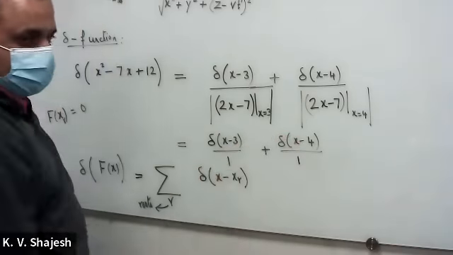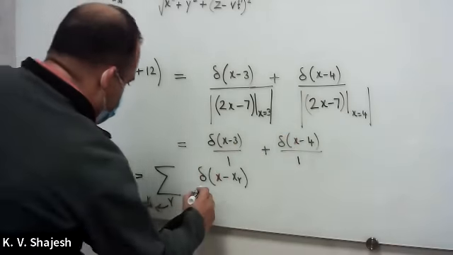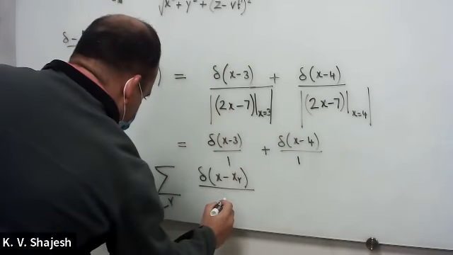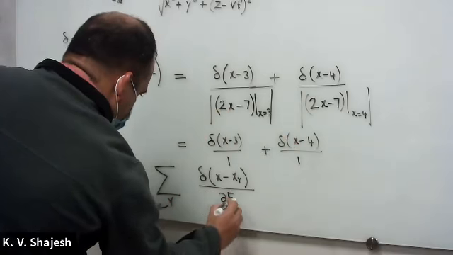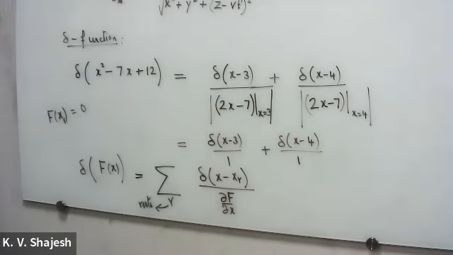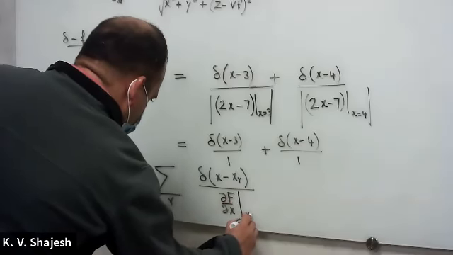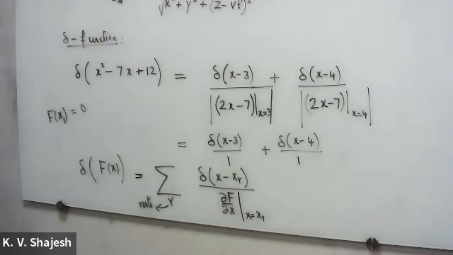That's your x minus 3, minus 4. And in the denominator, we took the derivative of f of x. So take the derivative of f with respect to x, evaluate it at x equal to the root, and then take the magnitude.